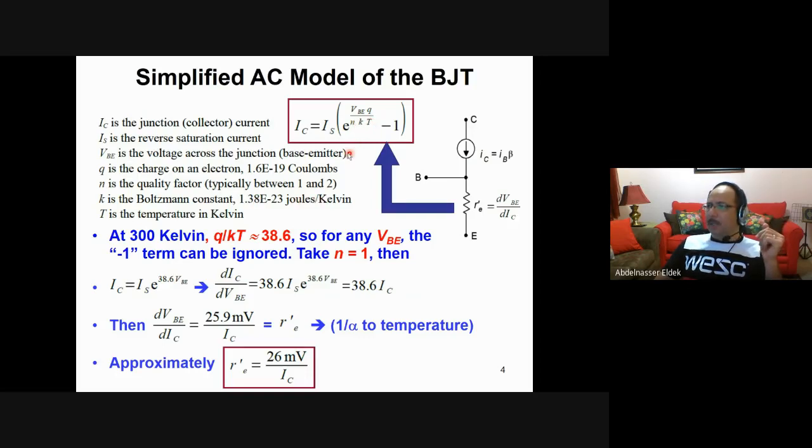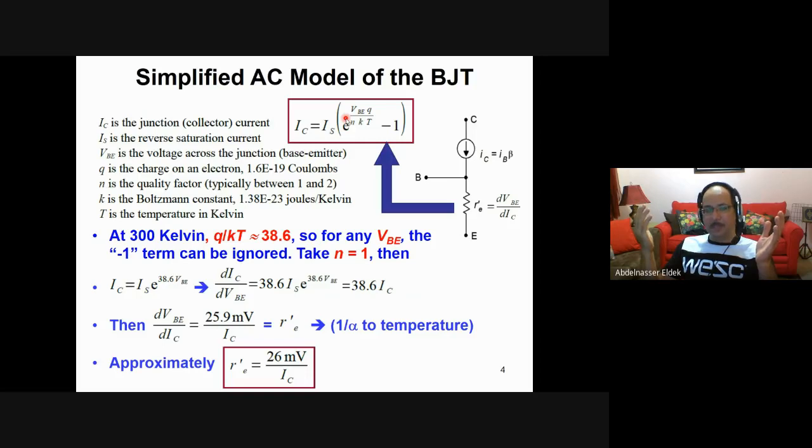Usually if we have, for example, 300 Kelvin as the temperature, this Q divided by KT is around 38.6. So if N is 1, for example, this will be VBE times 38.6, almost 40 VBE.